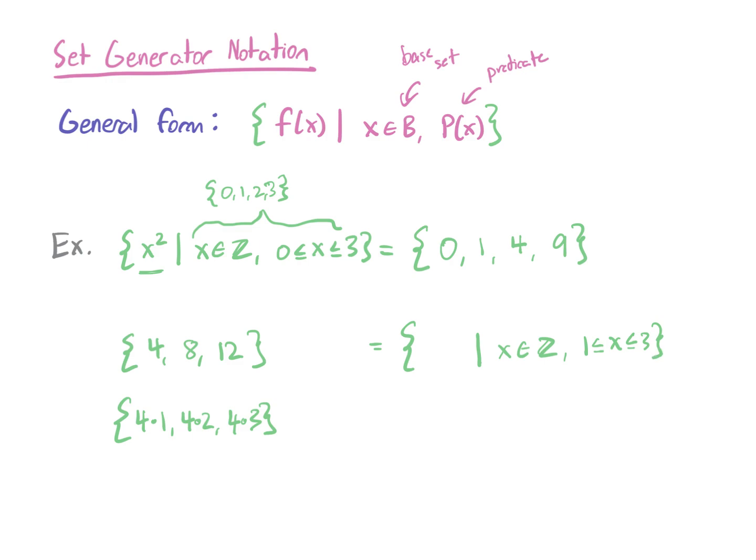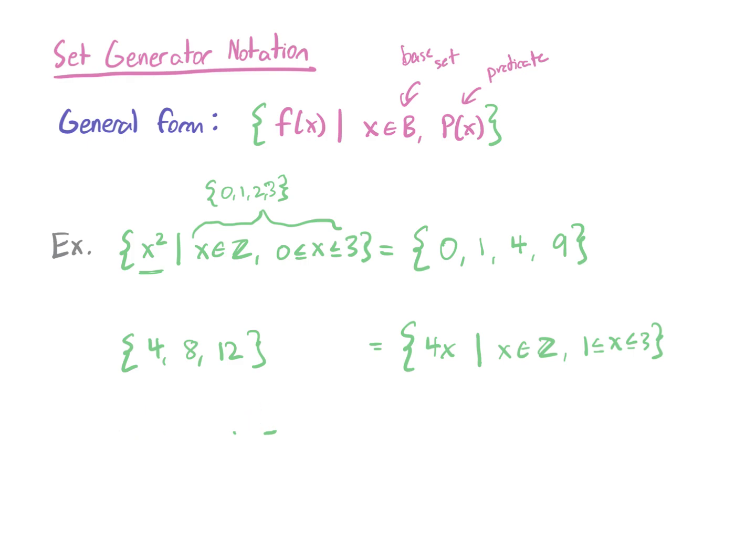So I take any integer x with the property that x is between 1 and 3 inclusive, and then the function I'm going to apply is multiplying by 4. So my result is that I've been able to express this set, expressed in roster notation, in terms of set generator notation instead.